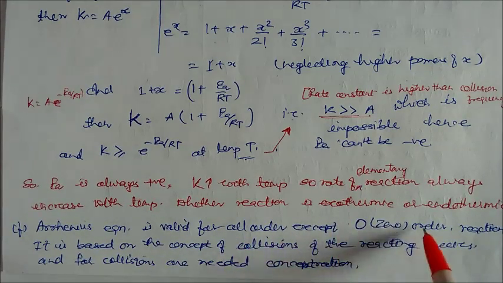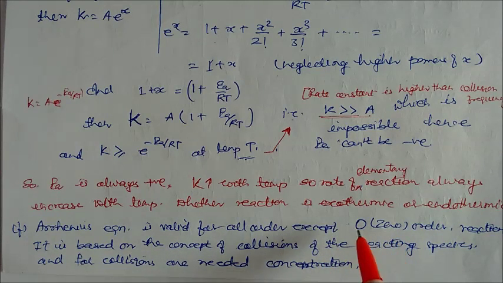Why? Because it is based on the concept of collision of the reacting species, and collisions need concentration. In a zero order reaction, the rate does not depend on the concentration. That's why it is not valid for the zero order, but it is valid for all other orders.